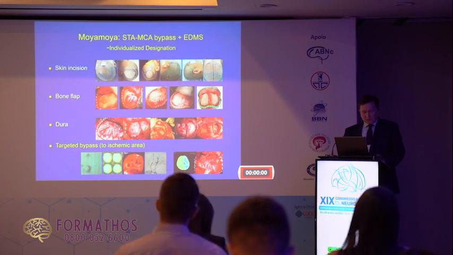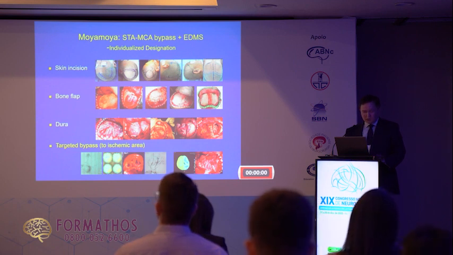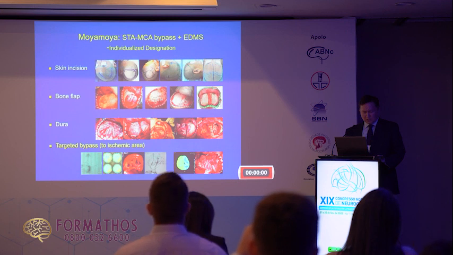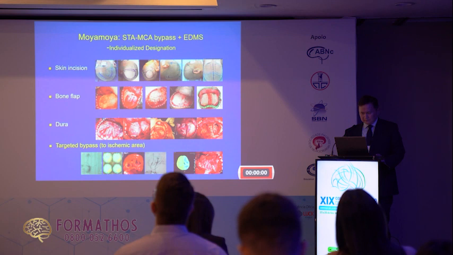So the normal indication for ECIC bypass is Moyamoya disease. This is a STA-MCA bypass combined with EDMS. So the skin incision, bone flap, dural flap, and the targeted bypass were all individualized design.